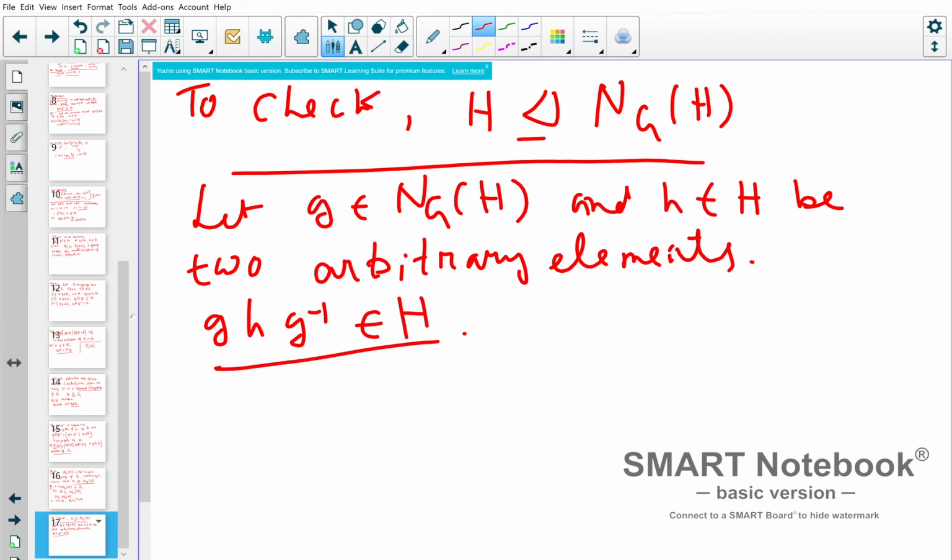It's obvious, right? Proofs are obvious by definition. So g h g inverse belongs to H, and hence H is a normal subgroup of the normalizer of H in G. Clear?